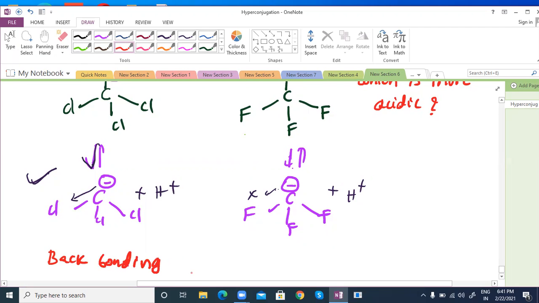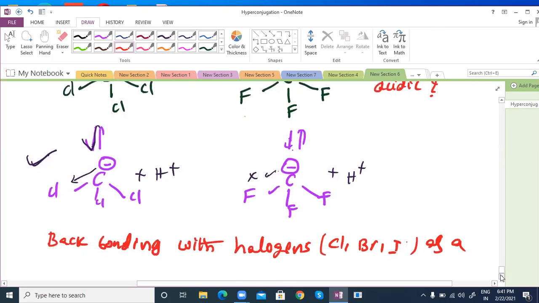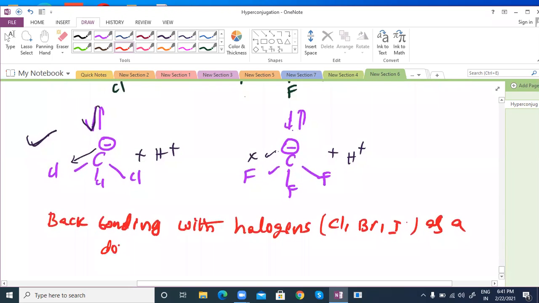Back bonding with halogen compounds, with halogens: Cl, Br, I as donor atoms. You can include fluorine also.